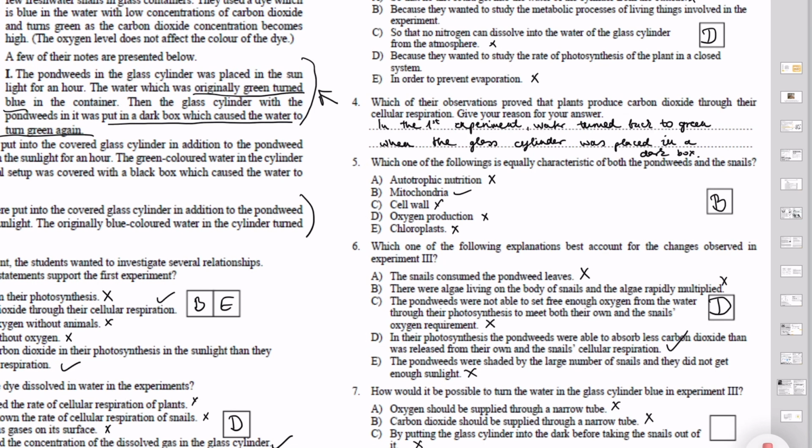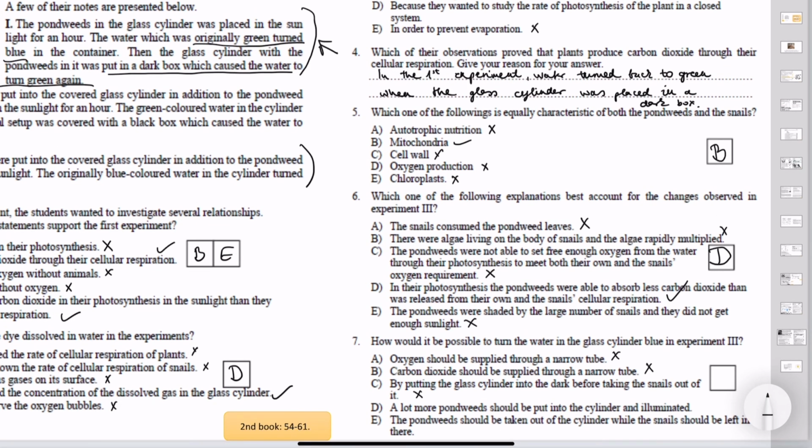A lot more pondweeds should be put into the cylinder and illuminated. Now this is going to help us to get back the blue color because more pondweeds will do more photosynthesis, so the carbon dioxide level will be lower. Therefore, the color will turn from green back to blue. The pondweeds should be taken out of the cylinder while the snails should be left in there. That is not so D.